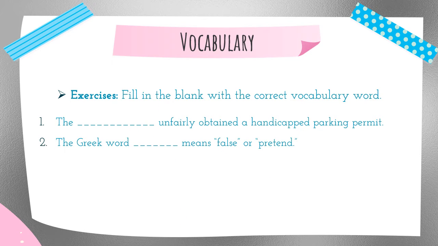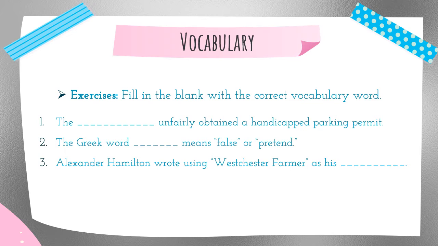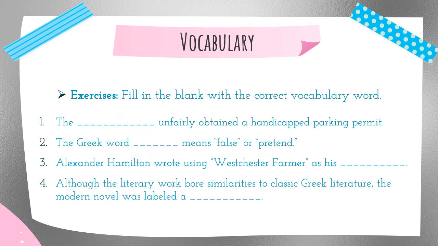Number 2, the Greek word blank means false or pretend. Number 3, Alexander Hamilton wrote using Westchester Farmer as his blank. Number 4, although the literary work bore similarities to classic literature, the modern novel was labeled a blank.